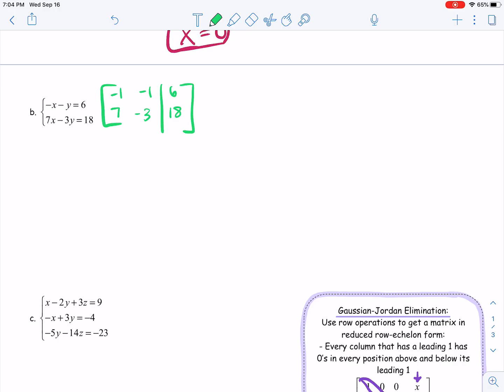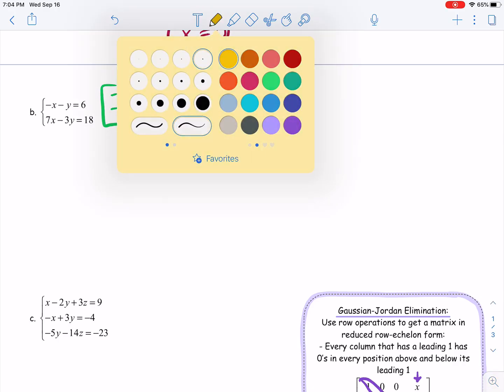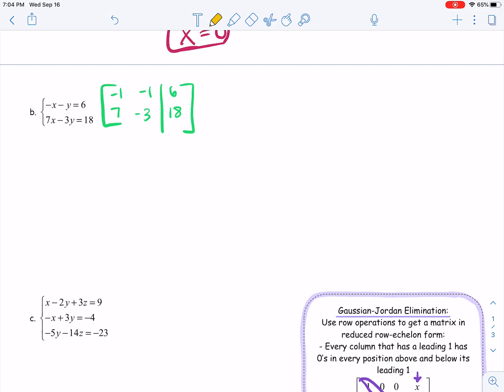So to get the 0 in the bottom left corner, I could multiply row 1 by 7 and add that to row 2, with the -7 and the 7 canceling out to give me 0. So I'm going to add 7 times row 1 to that second row. Row 1 stays the same.